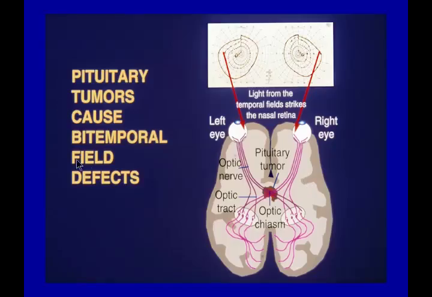The bitemporal field defect has to do with, of course, what you already know, I hope, about the fact that the optic chiasm, essentially the reflections of the medial aspect of the retina, which of course are looking at the distal field, are the ones that cross over, decussate, at the level of the optic chiasm.